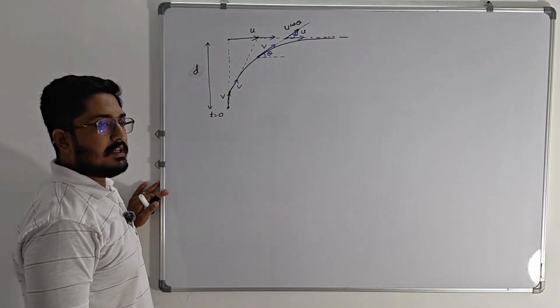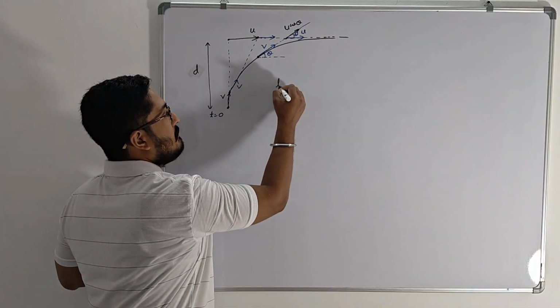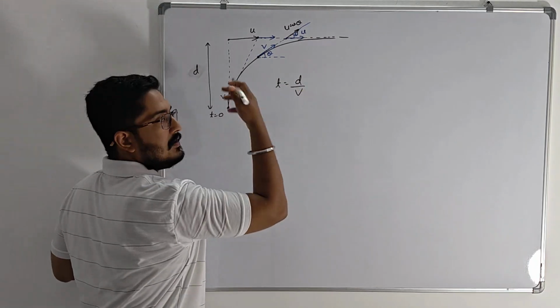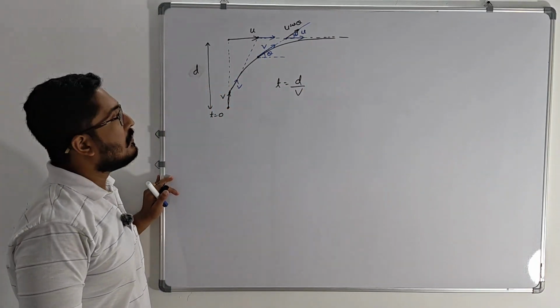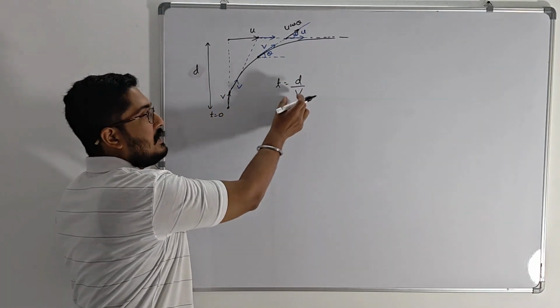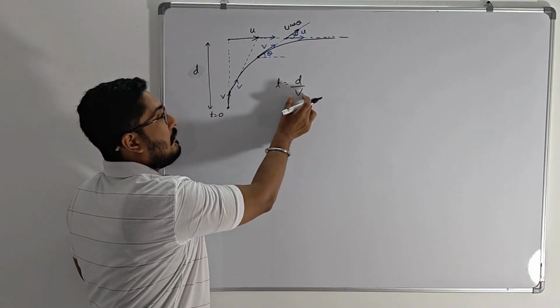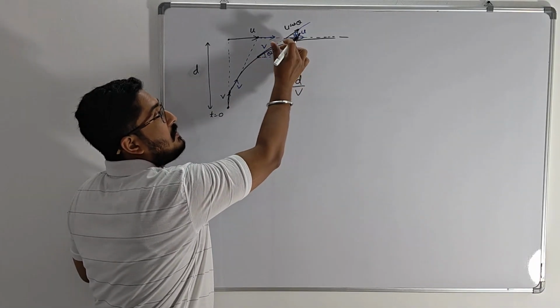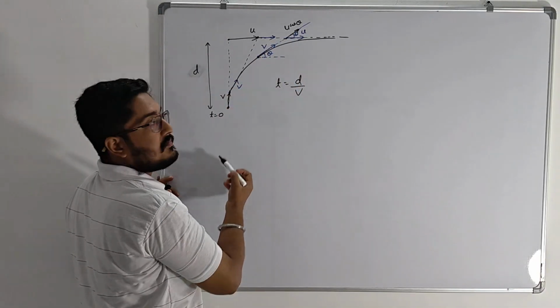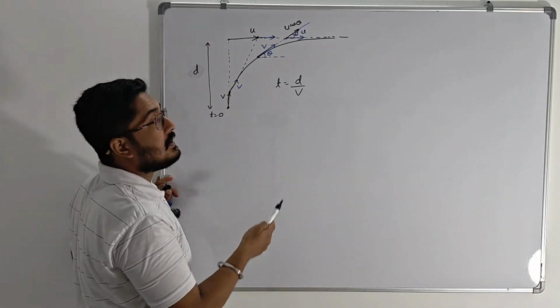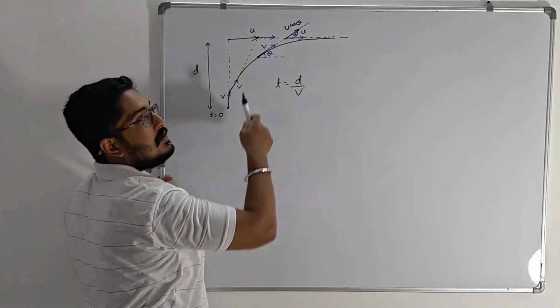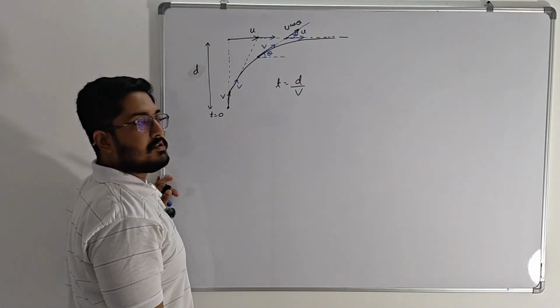So I cannot directly use the formula that time equals distance by speed and solve it like that, because the velocity of approach that we use here is continuously changing with the angle. The v and the u are not changing, but the angle is continuously changing, so the velocity of approach would keep changing.